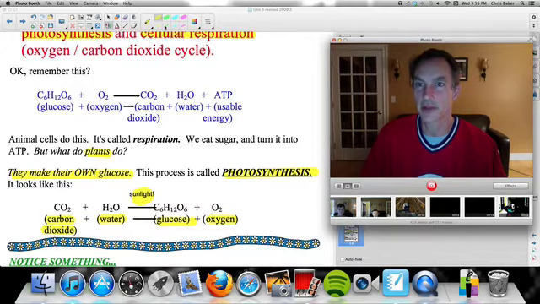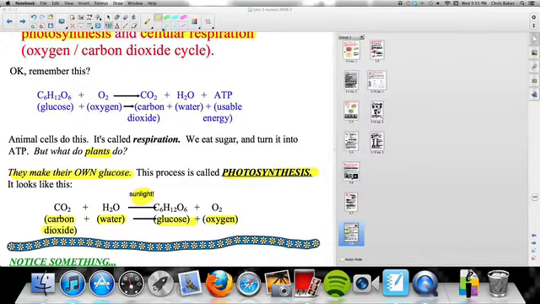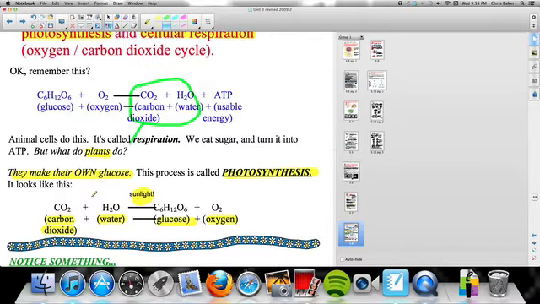This looks familiar. This looks a lot like that, and that looks a lot like this. So it looks a lot like what plants need.